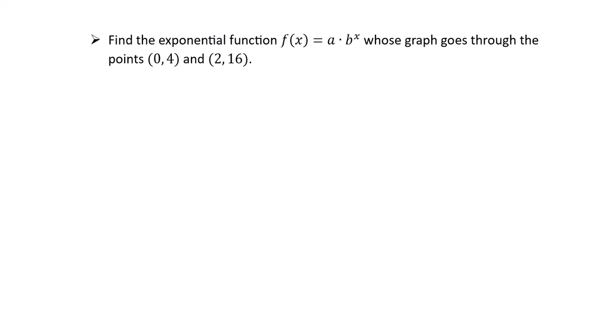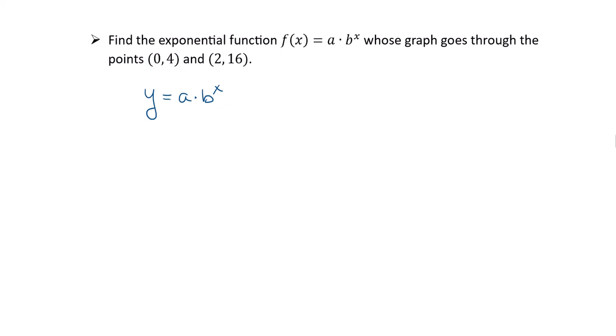Now let's see if we can find the exponential function f of x equals a times b to the x, whose graph goes through the points 0, 4 and 2, 16. Let's start with the form they gave us. Y equals a times b to the x. Now I have this point of 0, 4.